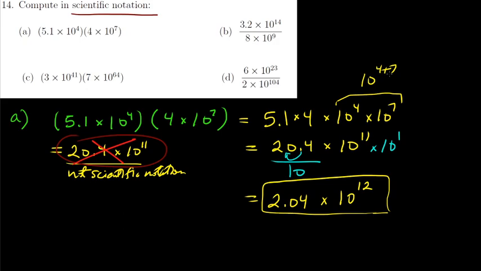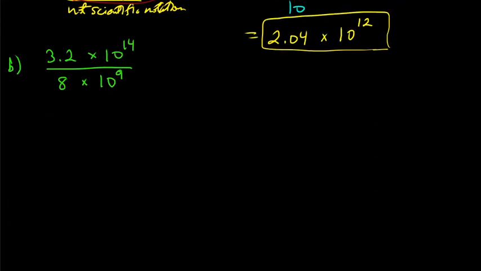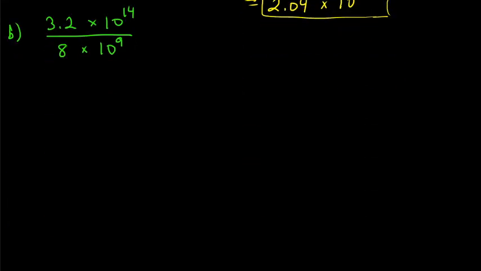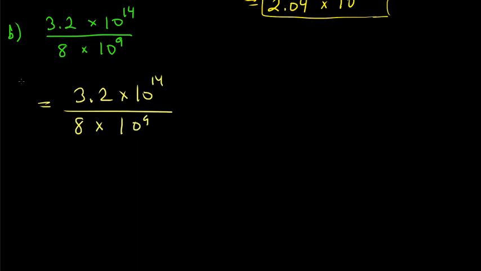All right, part B is 3.2 times 10 to the 14 divided by 8 times 10 to the 9. Okay, so here's how I would do it. Instead of 3.2 times 10 to the 14 over 8 times 10 to the 9, I can do 32 divided by 8, I have a little more trouble with 3.2 divided by 8. So I'm going to multiply this by 10 as long as I also divide it by 10, right?